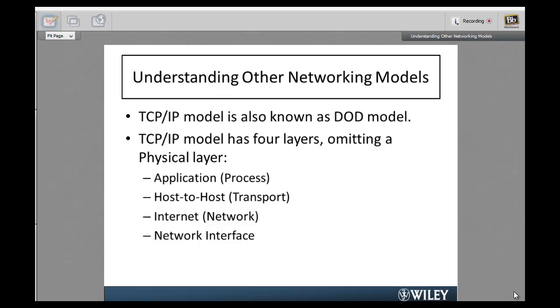But before that, let's talk about the other models, such as TCP/IP. It's the other model. We say this is a de facto model now because the internet is based on it. It originally was a DOD model, the Department of Defense in the USA. So they created this TCP/IP model.